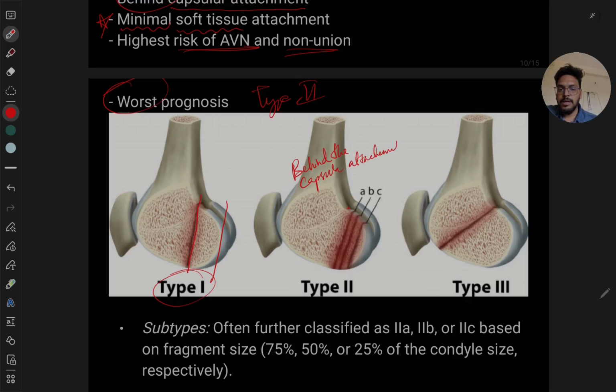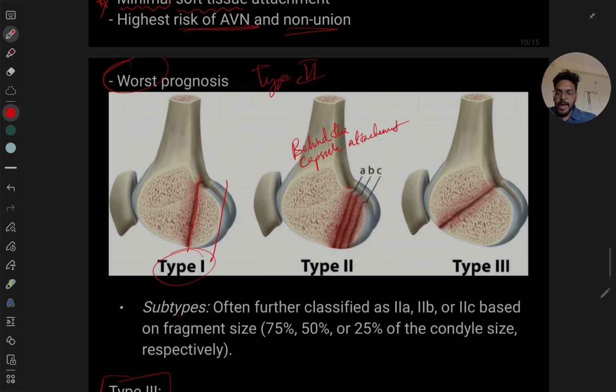What are these A, B and C? A, B and C are classified based on the fragment size. If the fragment size is 75%, it is type A. 50% is type B. 25% of the fragment, the smallest fragment, is type C. Which one in A, B, C do you think has the worst prognosis? You can comment in the comment section.